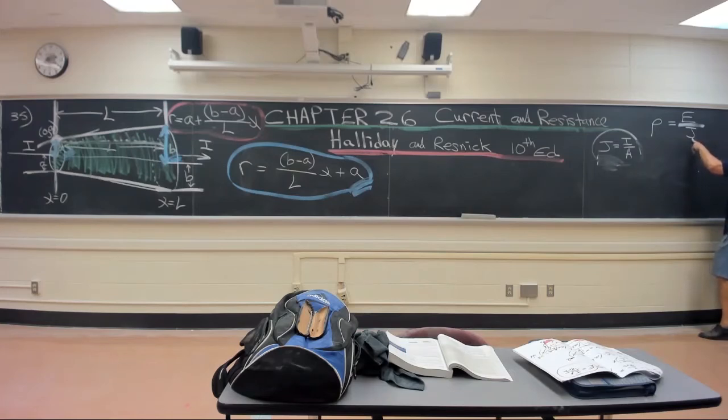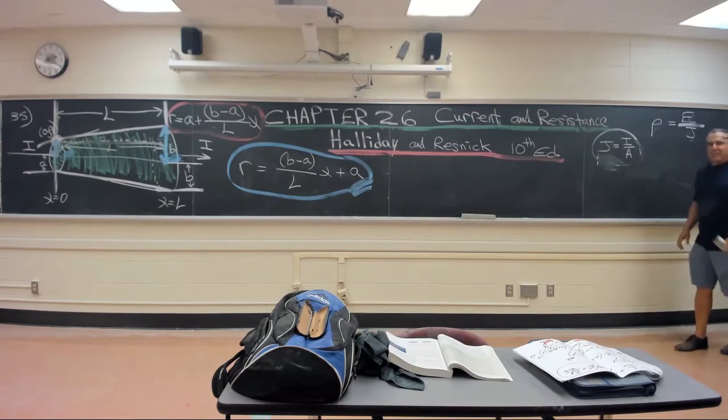If J is a very, very big number for a given E, and let's just hold E steady, then E divided by something huge is small. There can't be a lot of resistivity.